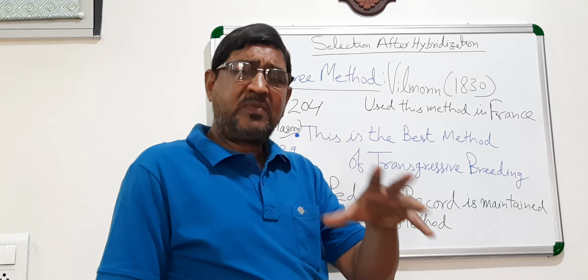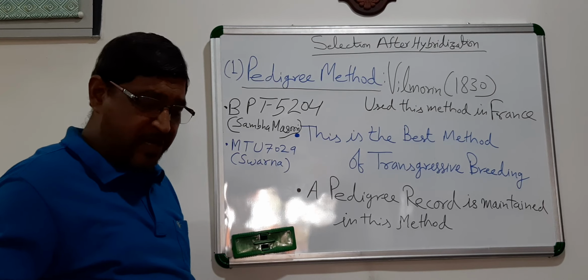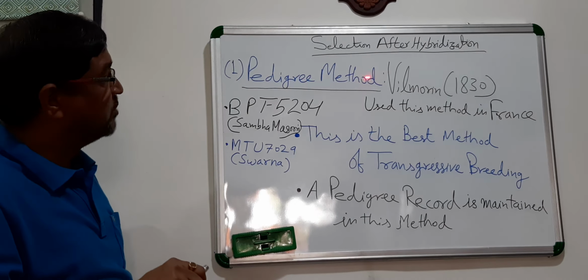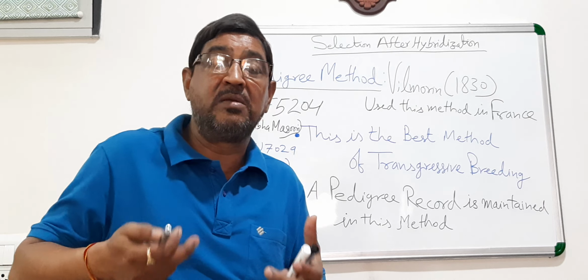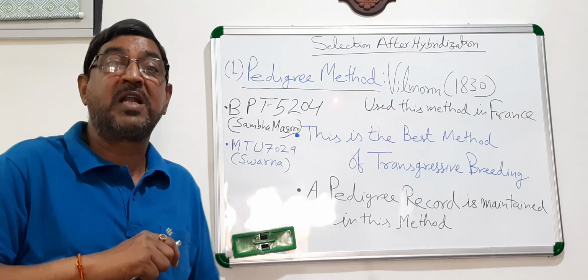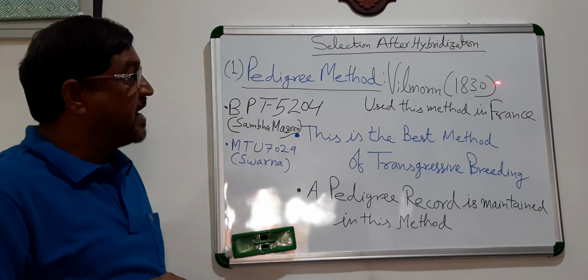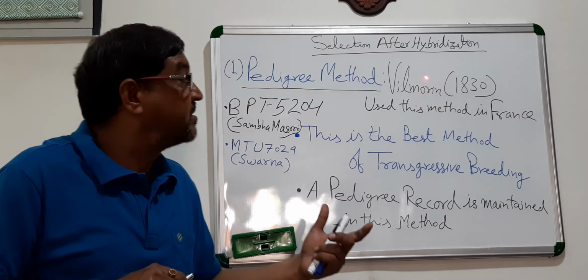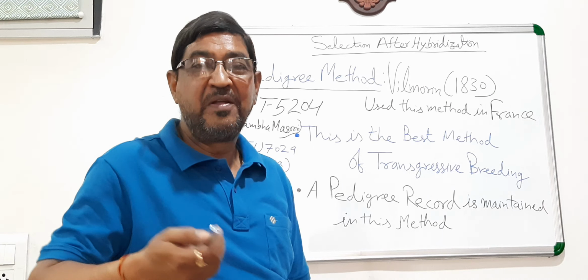I used to say that for transgressive breeding, the best method is the pedigree method. This pedigree method is the best method of exploiting transgressive segregants, or you can say the pedigree method is the best method of transgressive breeding. So you go back to 1830, Vilmorin used this technique in France for developing new varieties.